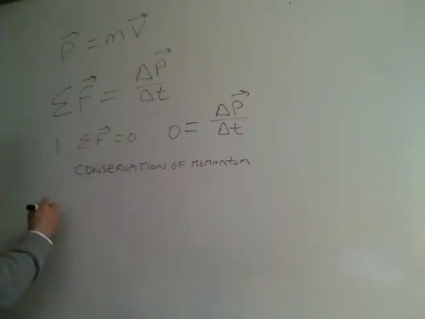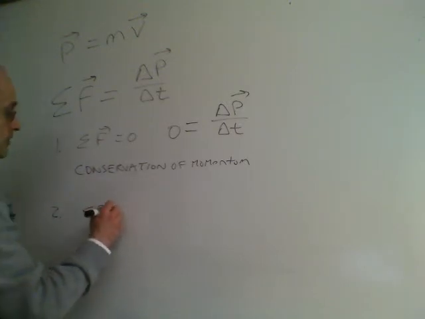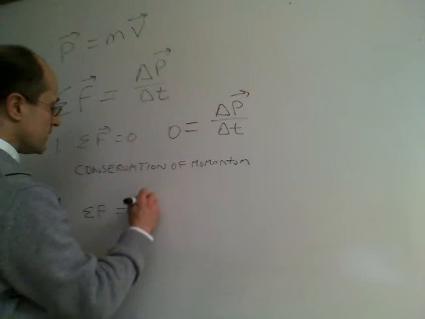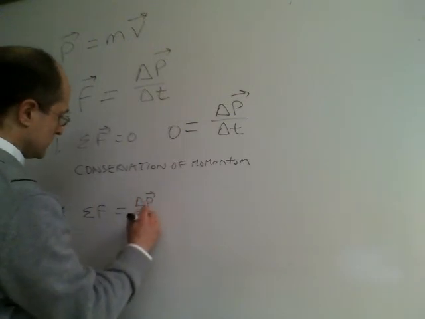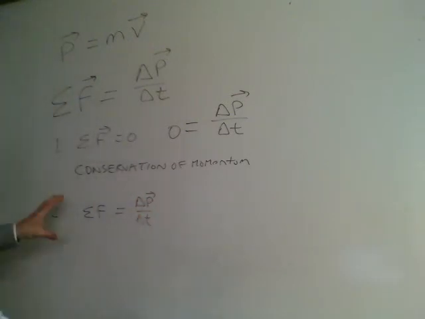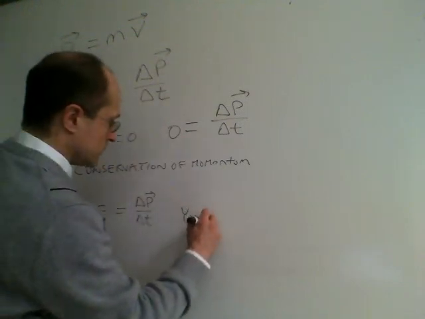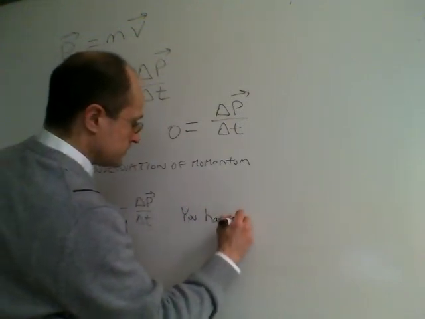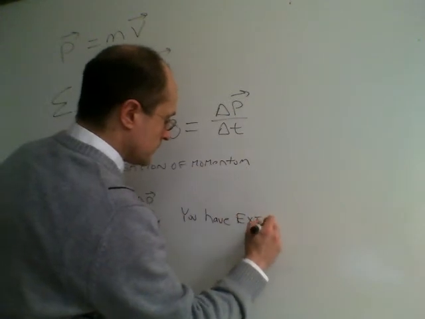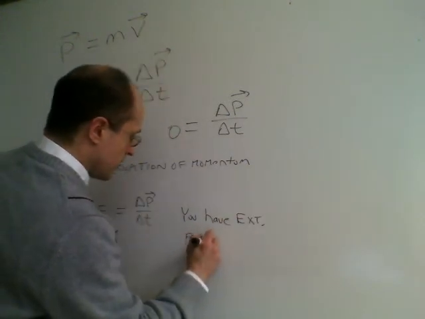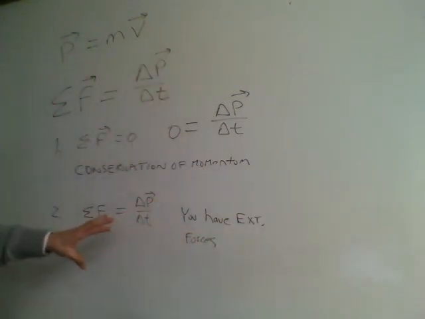The second case is when you don't conserve momentum, and the sum of your forces is delta p over delta t. The second condition is that you have external forces. We're going to look at these conditions as well.